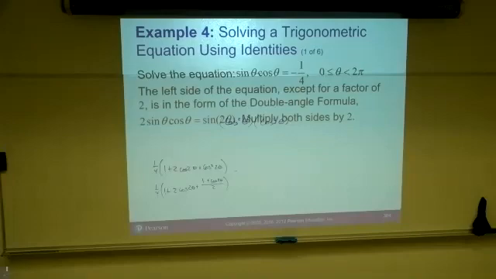So if you multiply both sides by 2, you're not going to change your solution, you're just going to change what the equation looks like, so you can use the double angle formula. So 2 sine theta cosine theta equals negative 1/2. That means the sine of 2 theta equals negative 1/2.